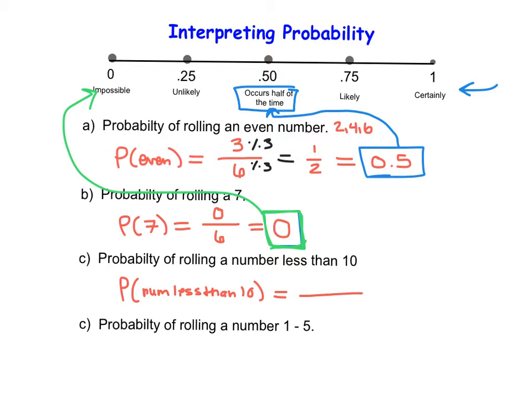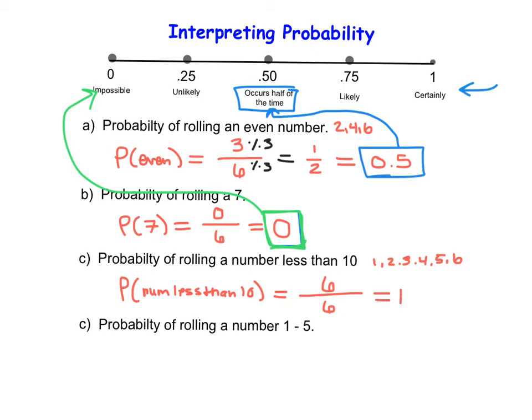So, the total number of outcomes in my denominator is still 6. Probability of rolling a number less than 10. Well, every single number on that dice, 1, 2, 3, 4, 5, and 6, are all less than 10. So number of favorable outcomes is 6. So now if I take my calculator and divide 6 by 6, I end up with 1.